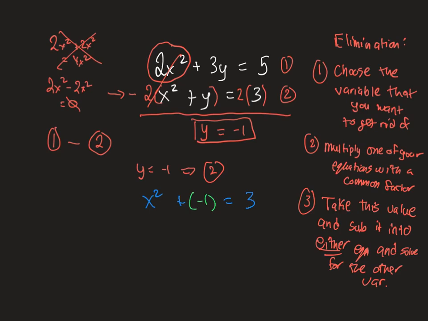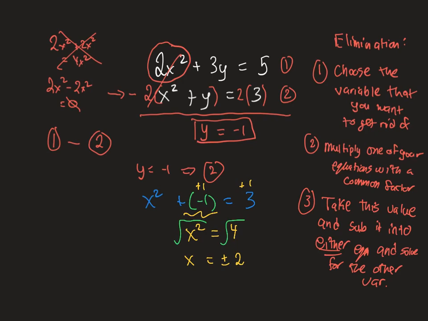Well, first things first, I want to get rid of the things that are bothering it, which is this. So I'm going to add 1 to both sides to get rid of this, which is going to leave me with x squared is equal to 4. Take the square root of both sides to get rid of the square, just as usual, which is going to leave me with x plus or minus 2, just like we got before.